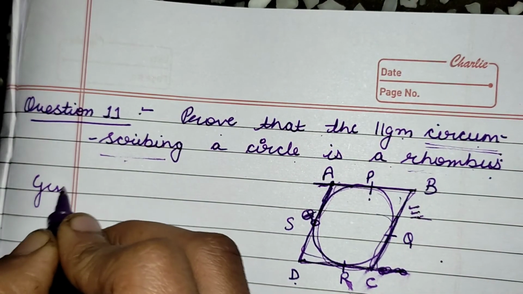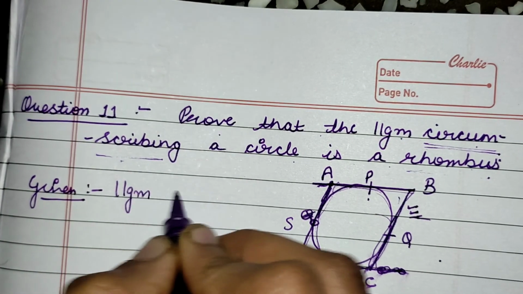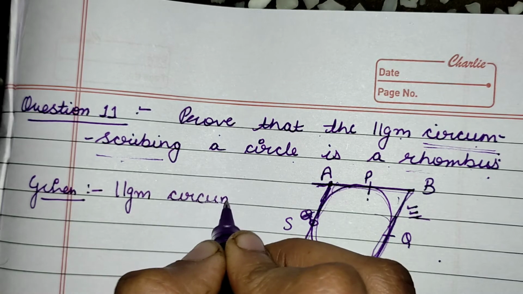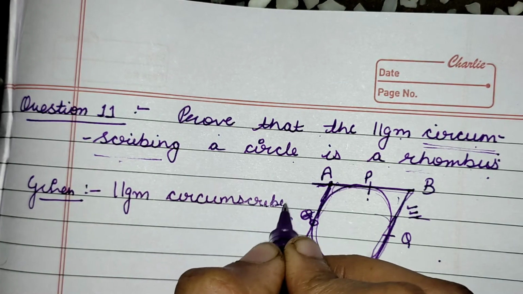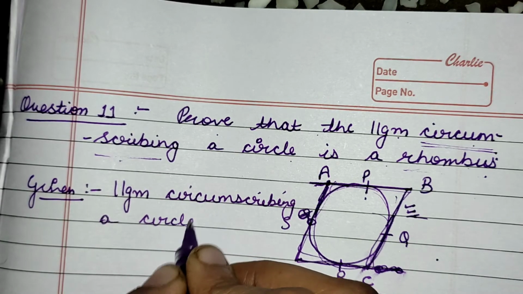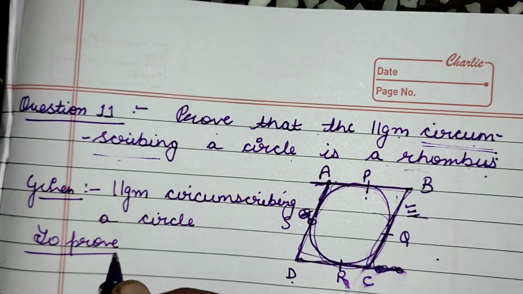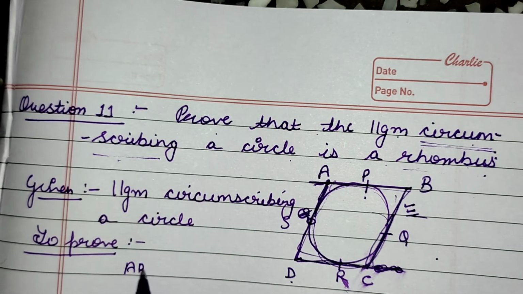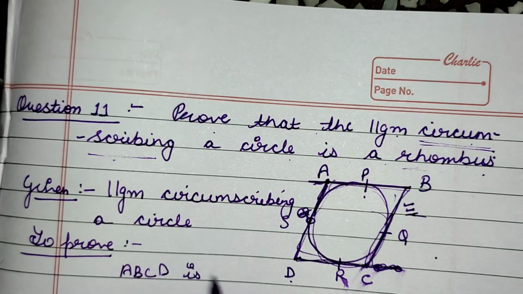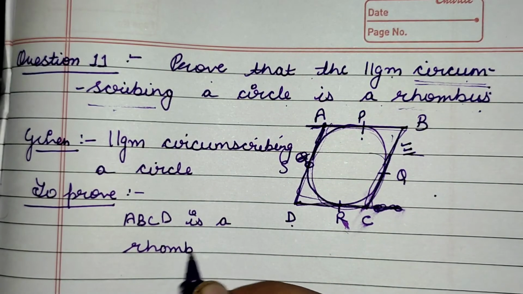So given to us is a parallelogram circumscribing a circle. To prove is that ABCD is a rhombus. Instead of parallelogram, this is a rhombus.